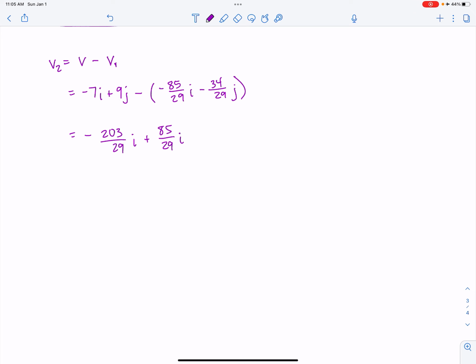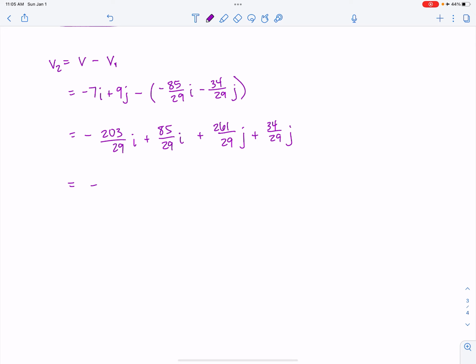Basically what I did here is turn the negative 7 into a fraction, so that way it's easier to combine like terms. 9 we would change into 261 over 29 for j, plus 34 over 29j. And now we can easily combine them because we have a common denominator.